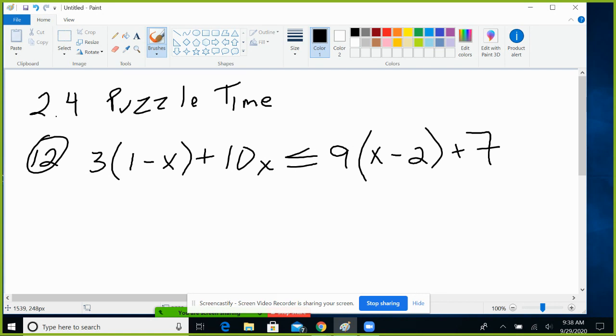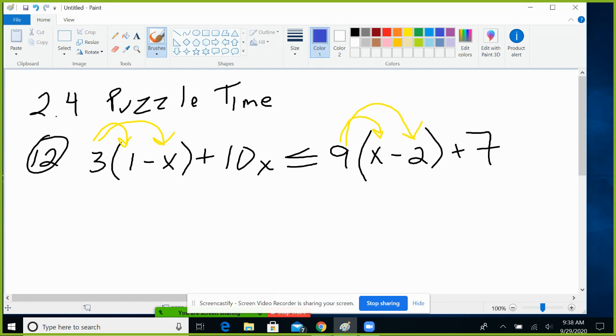All right, Bree, what do you think is my first step? Excellent. Perfect. We're going to use the distributive property, and we're going to distribute these through.